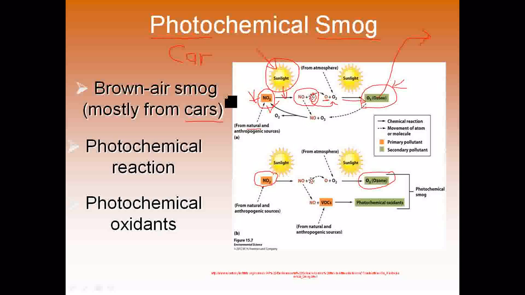An asthmatic can easily have an asthma attack because of breathing in brown air smog. They tell old people, stay home, don't go outside. Because if you have a lung condition, if you've got emphysema or one of those other problems associated with the respiratory tract, it can cause an attack.